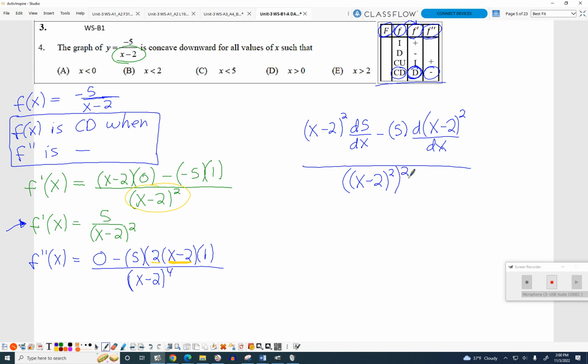You okay with that? I applied the quotient rule to this. Good? Yeah. Anybody else?